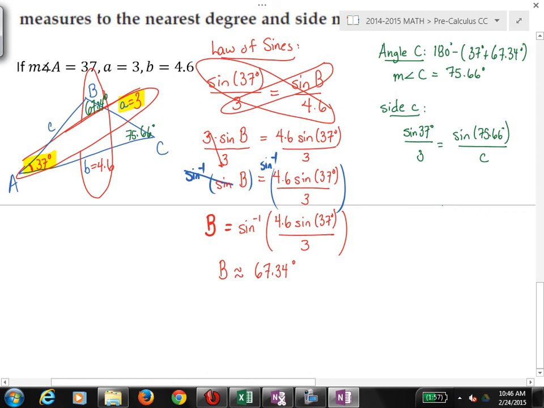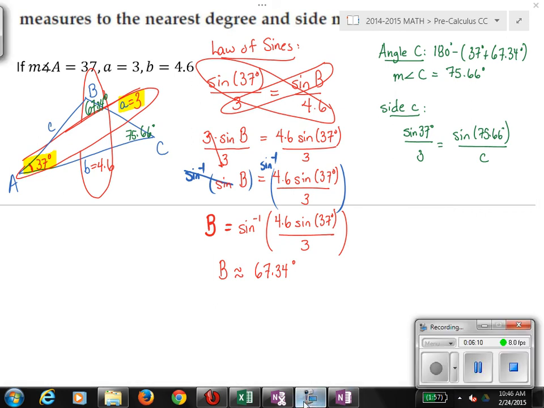So cross multiply and tell me what you guys get. All right, so cross multiplying, you guys should have gotten 4.83. And again, just double check it with your calculator. Make sure that you're able to get that 4.83.